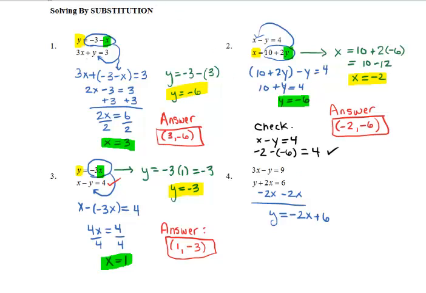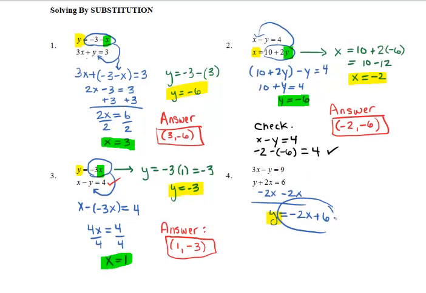I'm going to now take the -2x plus 6, what y equals, since y is isolated and by itself. I'm going to take that expression, -2x plus 6, and substitute it into the y value in my first equation. So that gives me 3x minus, and then in parentheses, and the parentheses are important, -2x plus 6.